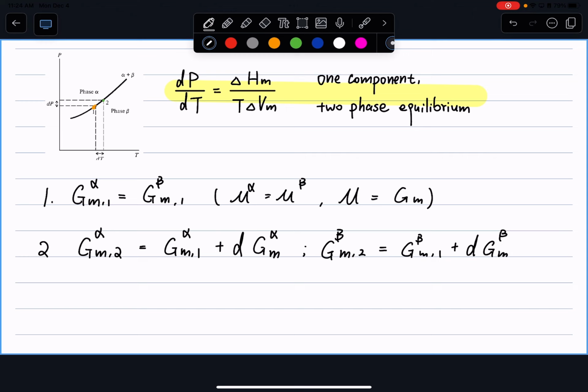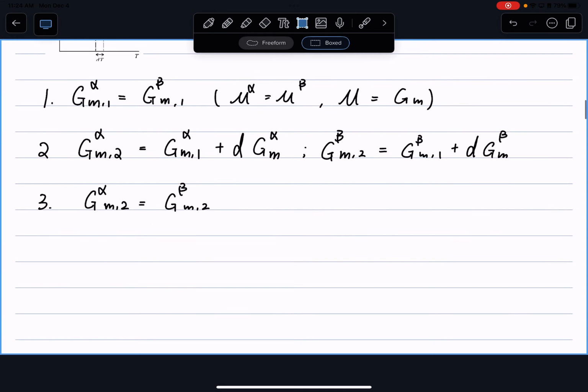And also at point 2, at the same time, we have that the molar Gibbs free energy, or chemical potential, in phase alpha equals the molar Gibbs free energy in phase beta at point 2. All right, so these two you can just write out because they're on that equilibrium curve. And what we know is that your G alpha m2 equals your G alpha m1 plus dGm alpha.